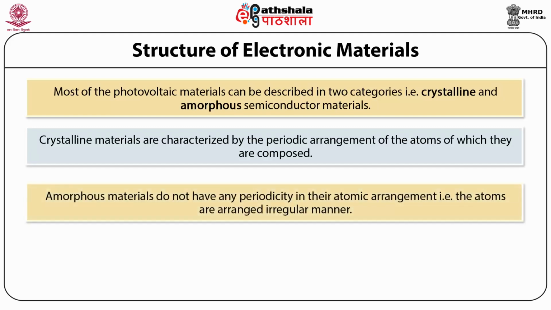Amorphous materials do not have any periodicity in their atomic arrangement, that is, the atoms are arranged in an irregular manner. In crystalline materials, the periodic arrangement of atoms can build the entire crystal structure by repeatedly stacking a small subsection in an ordered manner.